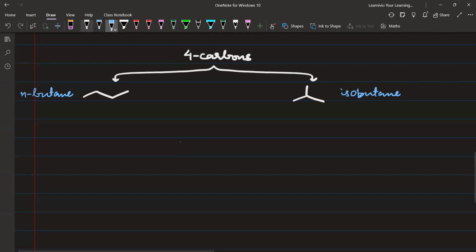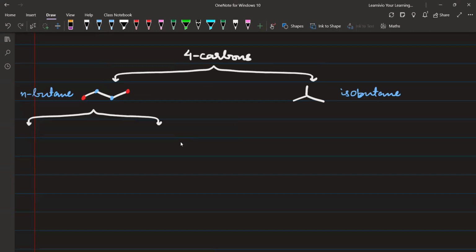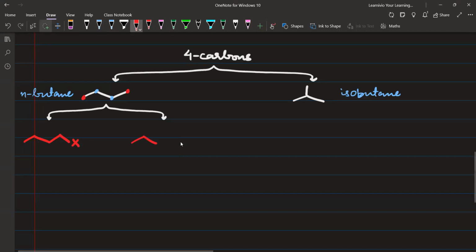Now, in n-butane, we have two possibilities. As we have all read, in either one of them is the same carbon atom. Like here we have the blue possibility. One possibility is having the halogen atom here, and the other possibility is having the halogen atom on the blue carbon here.